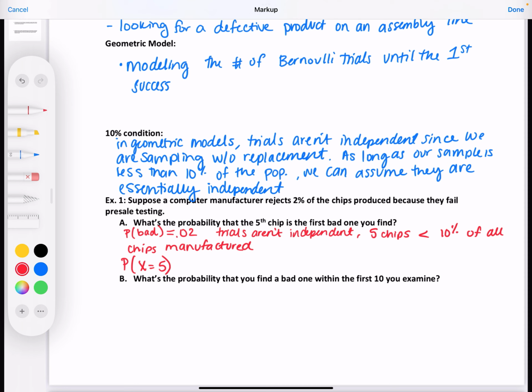So we're using the geometric model, from the formulas we had yesterday. 0.98 to the 4th, so that's a failure, because we want the first success, the bad one, to be the 5th one. So 0.98 raised to the 4th times 0.02, and that would be equal to 0.018 or 1.8%.